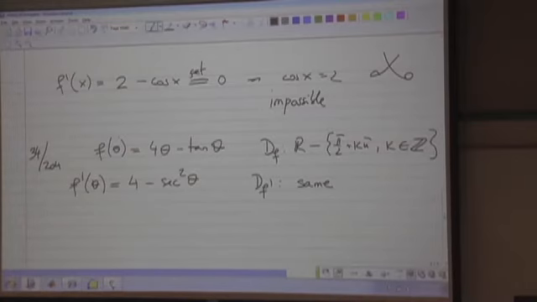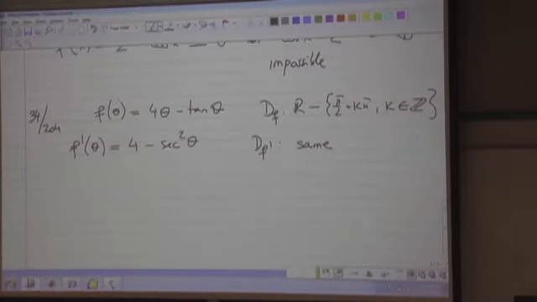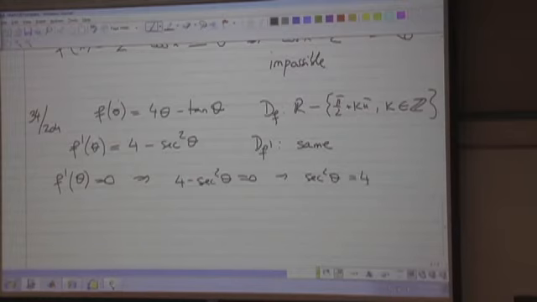So the only other way to get critical points is f prime of theta equals 0, which means 4 minus secant squared of theta is equal to 0, which means secant squared of theta is equal to 4, which means secant of theta is plus or minus 2. Which means cosine of theta is plus or minus 1/2.